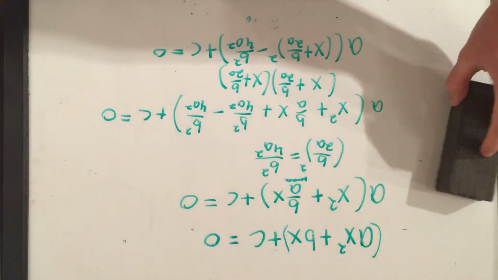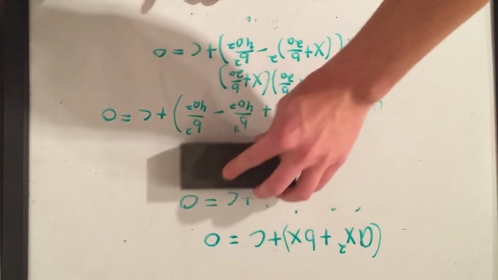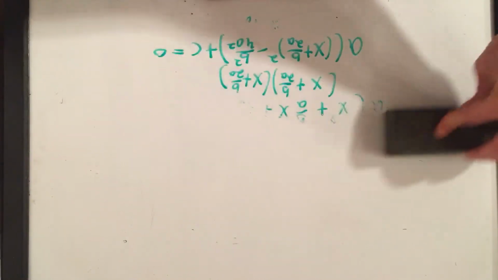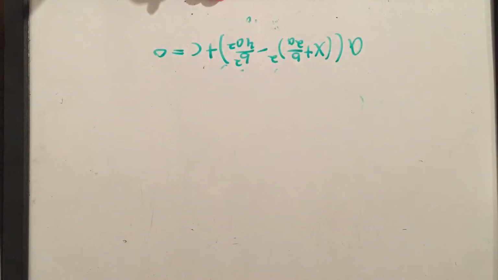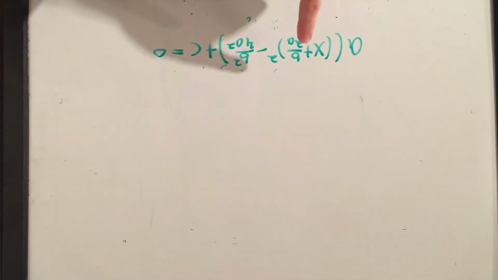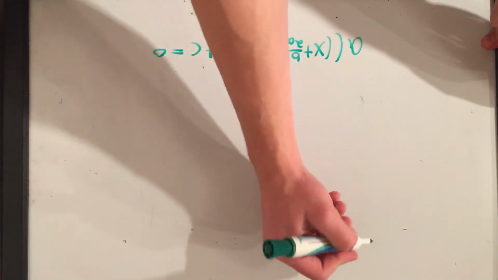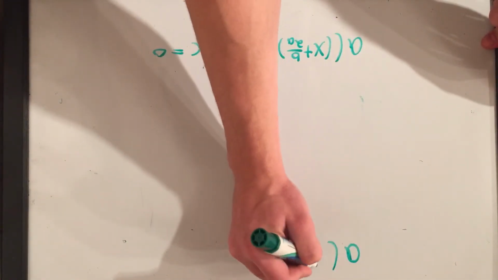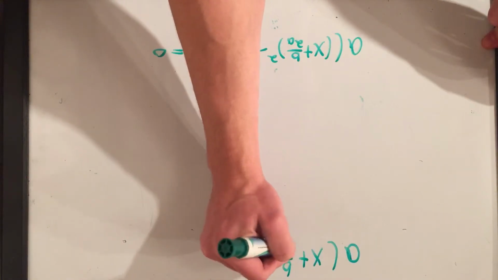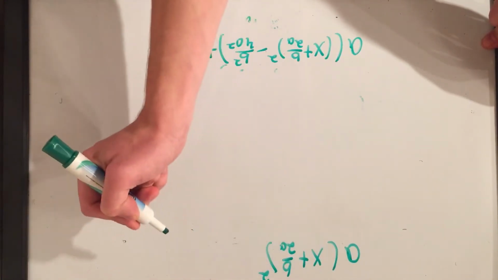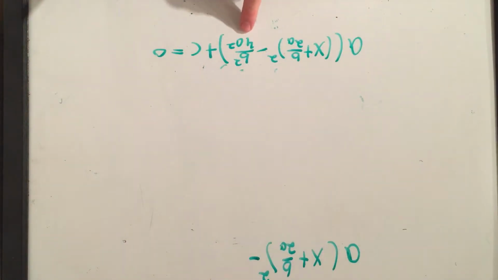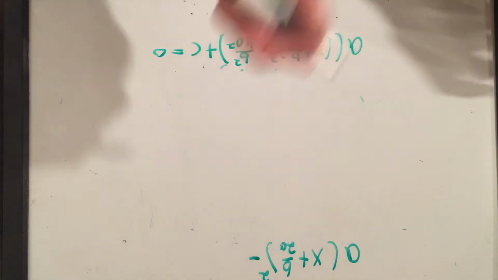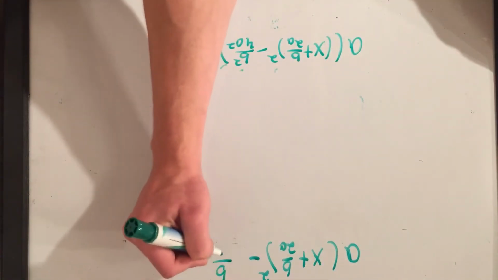I'm going to need some room, so I'm going to erase some stuff. Okay, the next thing I'm going to do is I'm going to redistribute that a. So if I redistribute that a through the parentheses, I should get a times x plus b over 2a squared minus, I'd have a times that, so a over a squared, that will leave just 1a on the bottom.